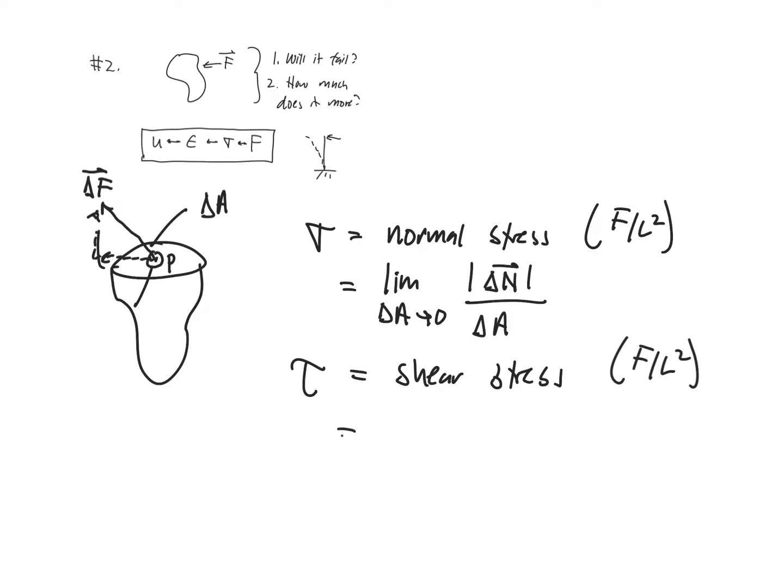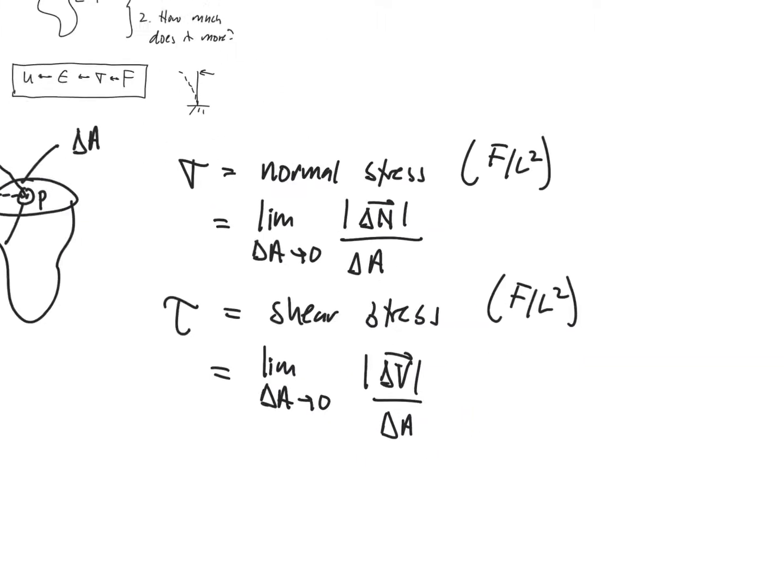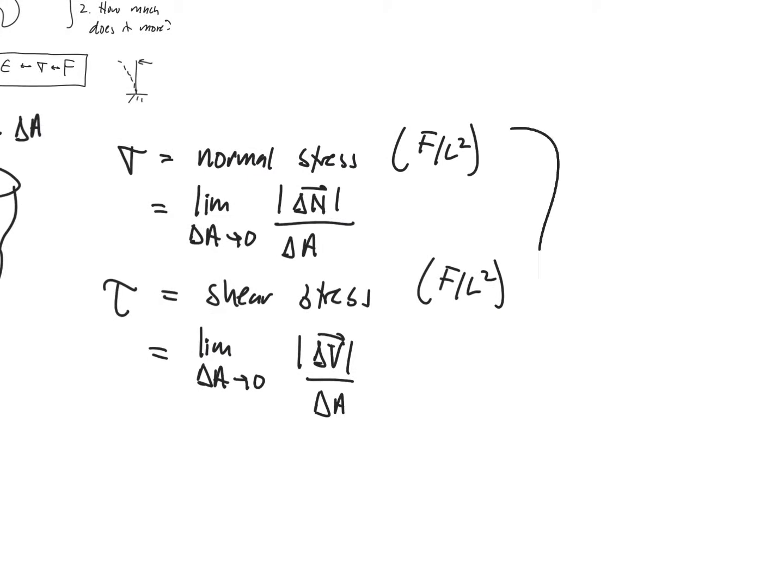And the shear stress, same thing. We take that little area and we shrink it down. Delta A goes to 0, so we go down to a point of the magnitude of delta V divided by delta A. So there's this limiting process, and what I want to highlight here is that these are pointwise measures.